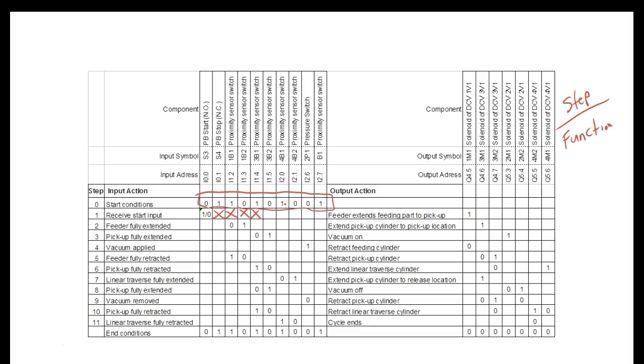So here it says the receive part, push button start, it's got to change states, is what they're saying. And then it starts. So the only thing it's looking at here is to receive a start input. I mean, why would it be looking at the other sensors to receive a start input, right? You understand? So all it's doing right off the bat is looking for one button.